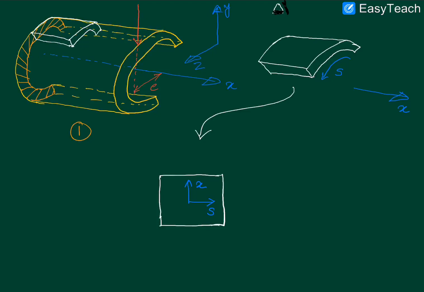Now let us not forget that our primary objective here is to find out the distribution of stresses on this part here. So in this diagram, that corresponds to this little part here.